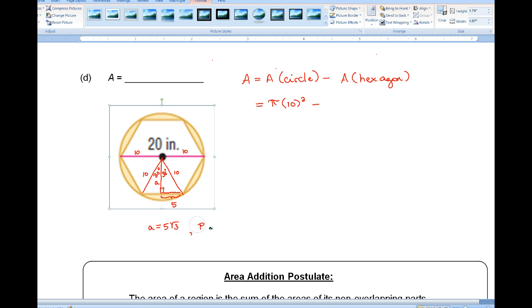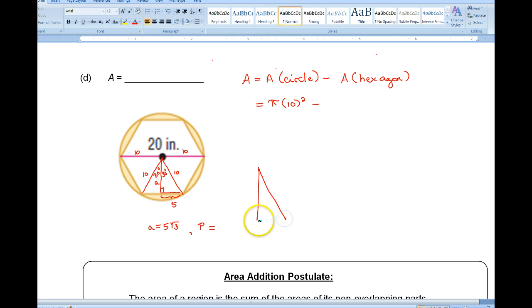How about the perimeter? 30. Try again. It's a 30, 60, 90 triangle. Here, the hexagon. Do you see this? So this is 5, this is 10, this is A. You said this was 60, right?